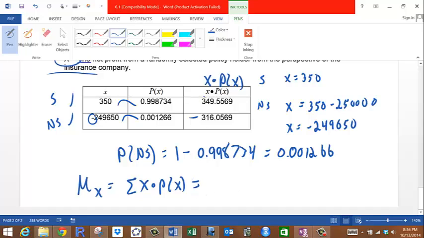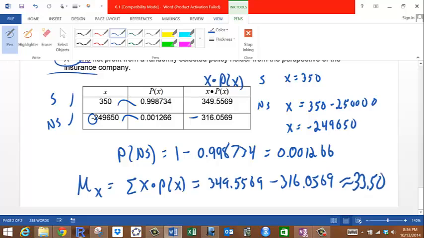And so now we just add these up. 349.5569 minus 316.0569, and we get roughly $33.50.